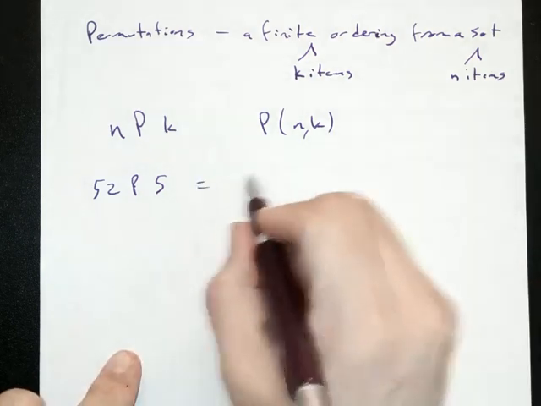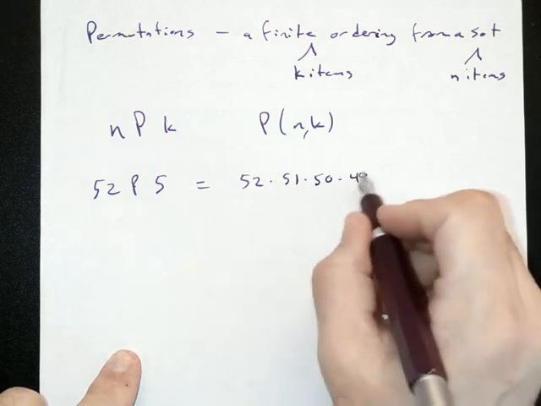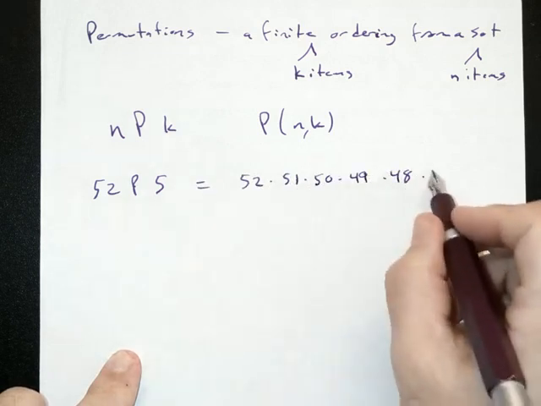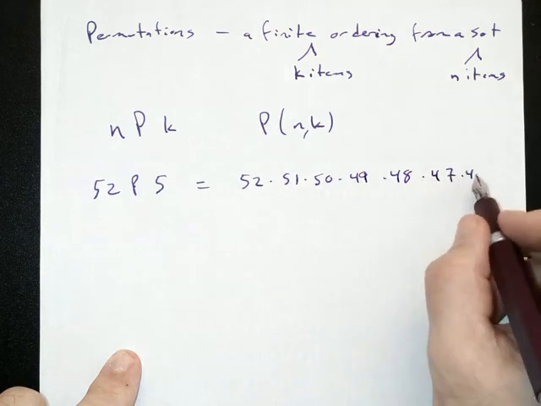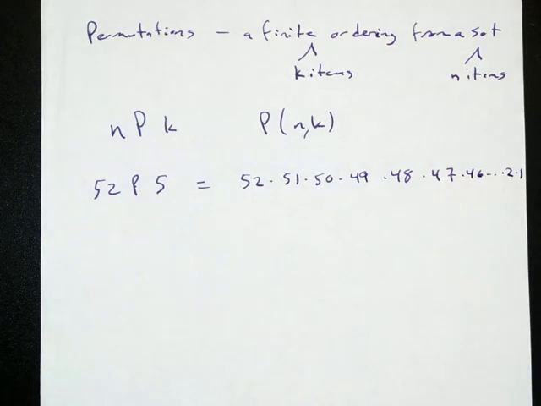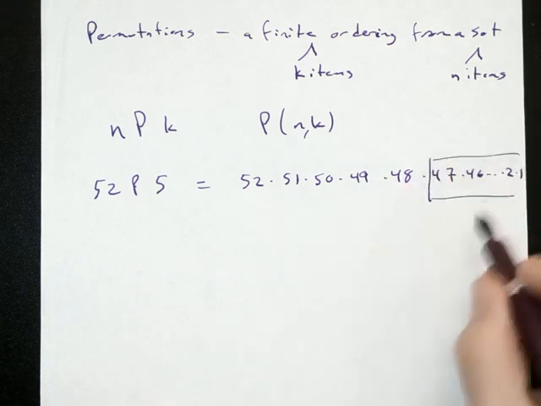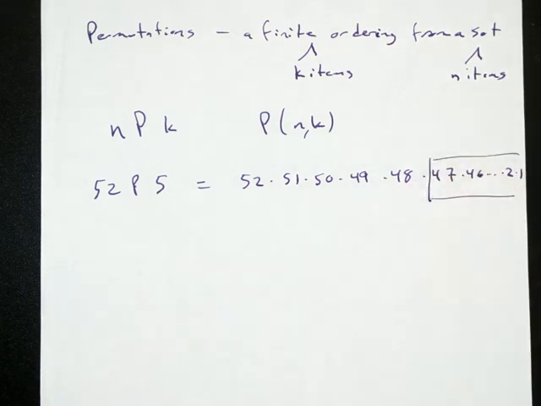But all the rest of these numbers, those shouldn't count, right? So I need to somehow discount all of these.